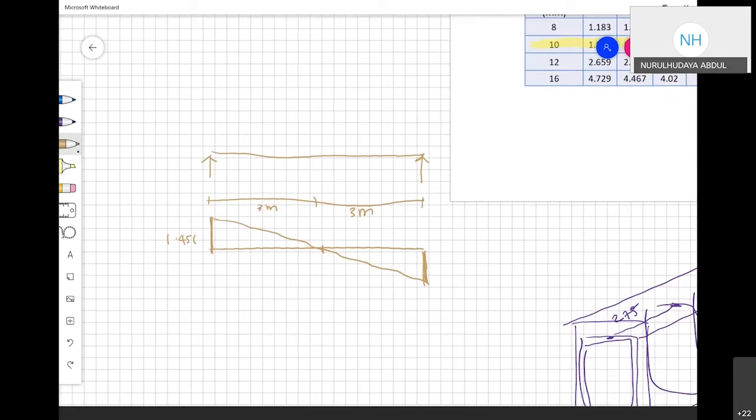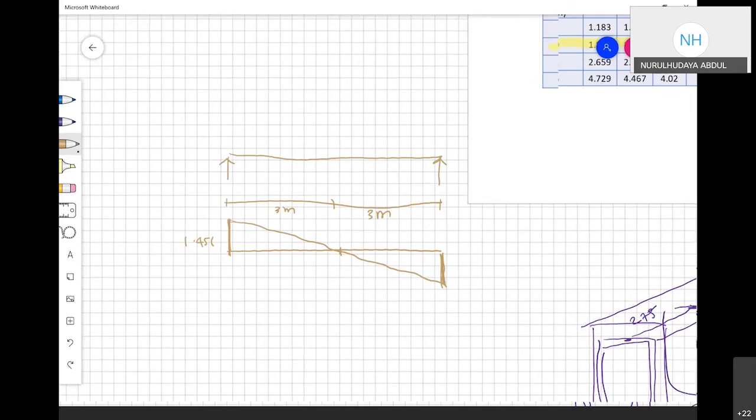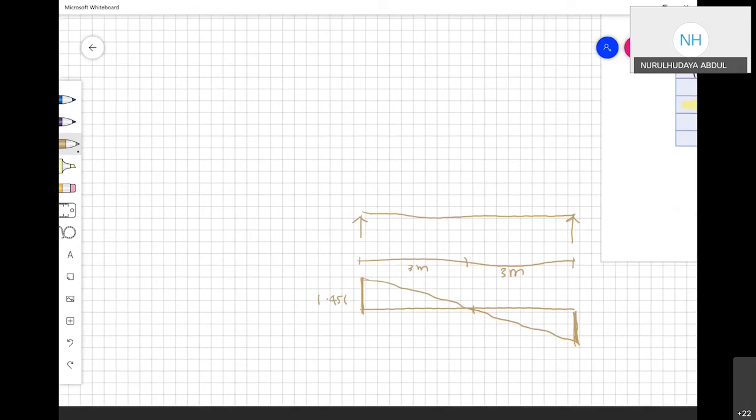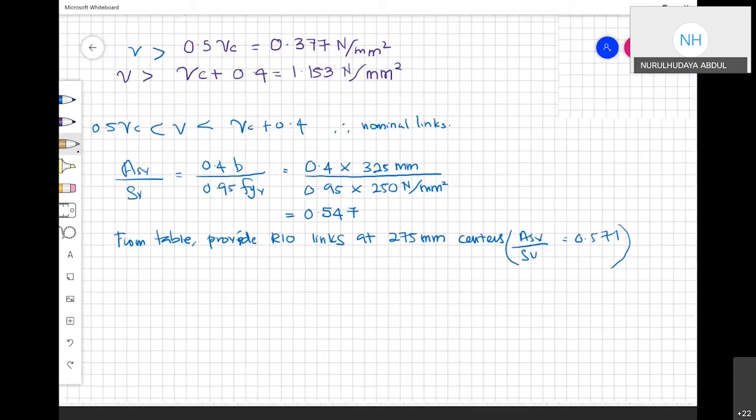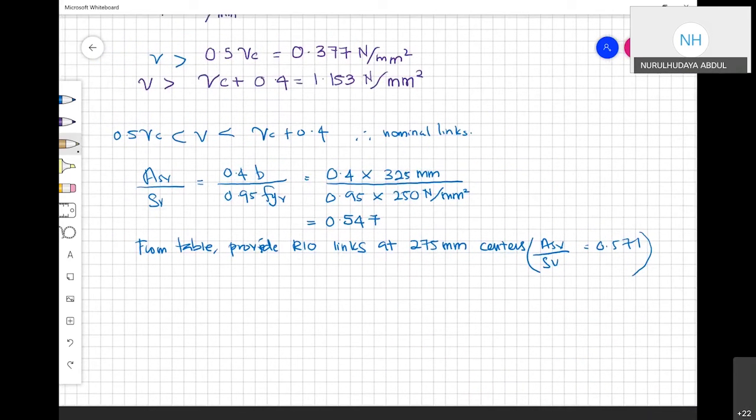Kita nak tahu sampai mana kita nak design nominal link. Okay, so nominal link dia boleh jadi kat mana-mana je. Okay, but we know that for nominal link, okay, dia punya cut off value nominal link adalah VC campur 0.4 sebab kalau VC lebih daripada 0.4 kita dah kena design dia as design link.